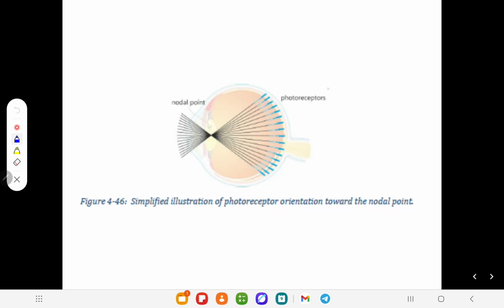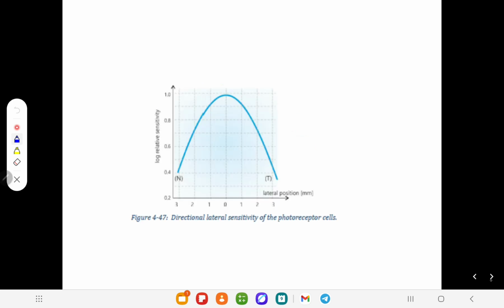So that's why all the photoreceptors, especially cones, orient themselves towards the secondary nodal point of the eye. Why? Because from the secondary nodal point, light hits the photoreceptors, especially cones, because Stiles-Crawford one is a photopic function. Okay, so this is the picture I have already shown you. Zero direction, the maximum Stiles-Crawford effect.